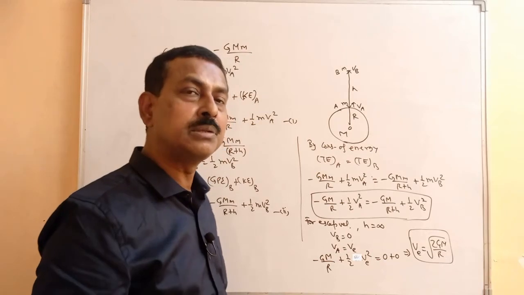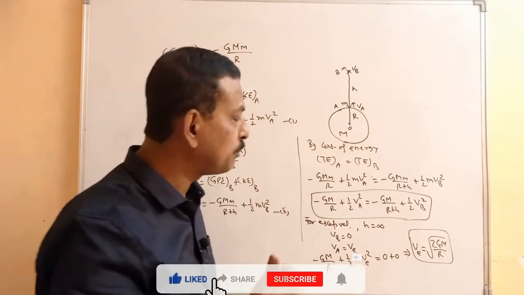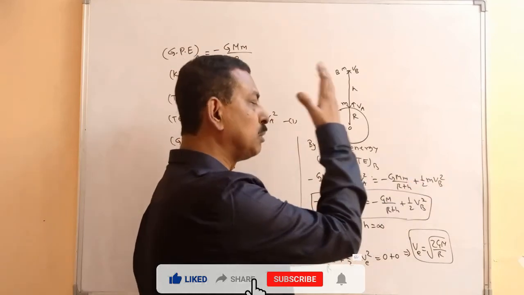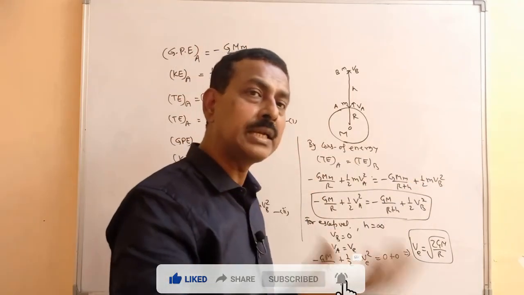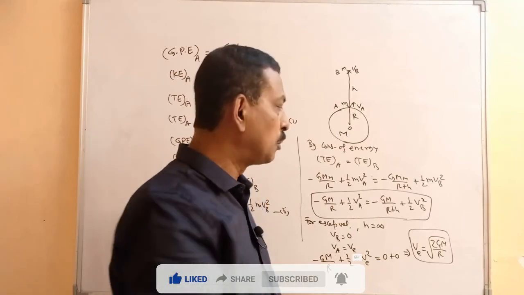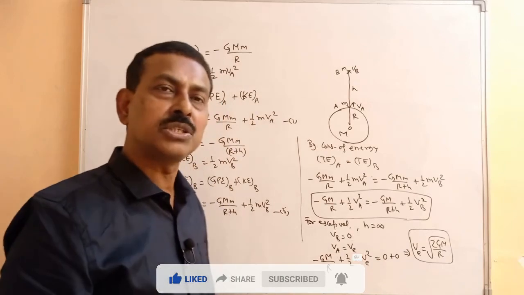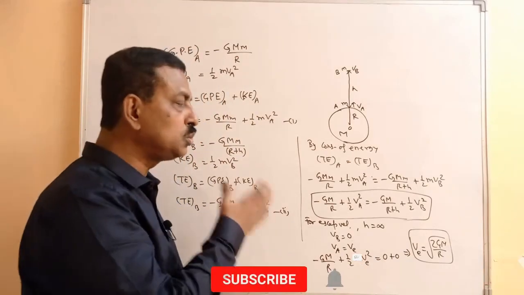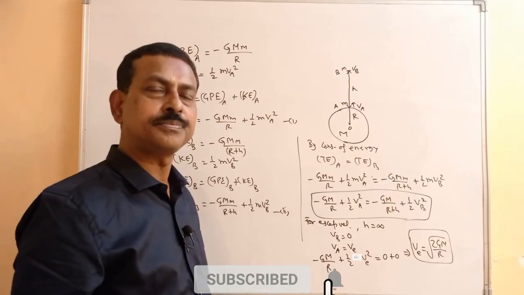That means the body will have some velocity there. So you can find out what will be the velocity of the body at that point, if it is thrown with a velocity more than escape velocity. Because the potential energy will be zero, but it will have some kinetic energy or velocity there.